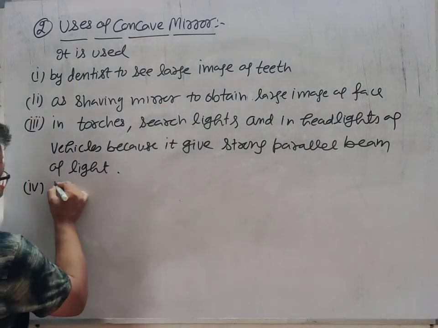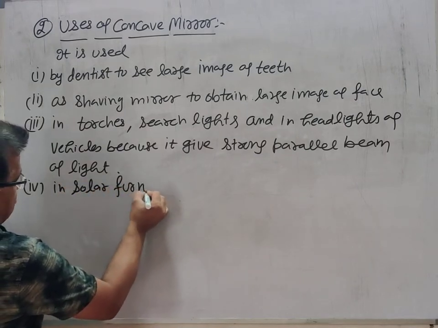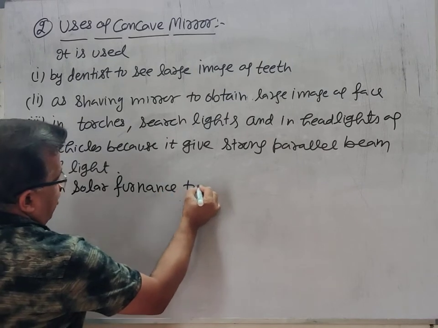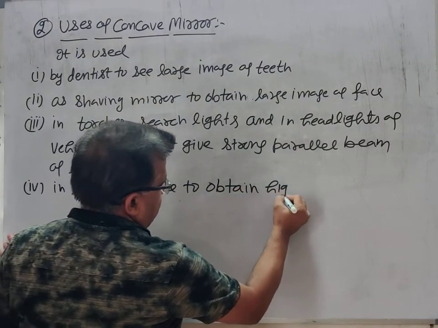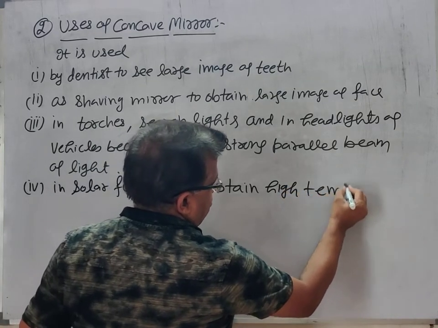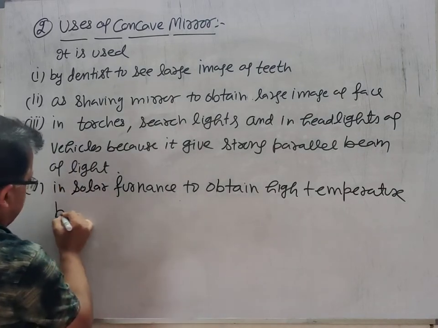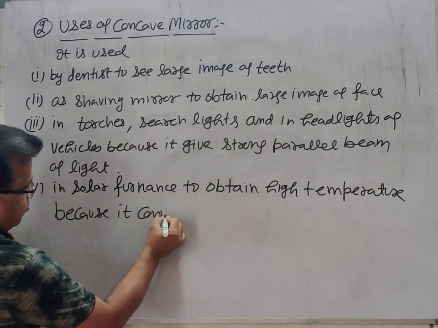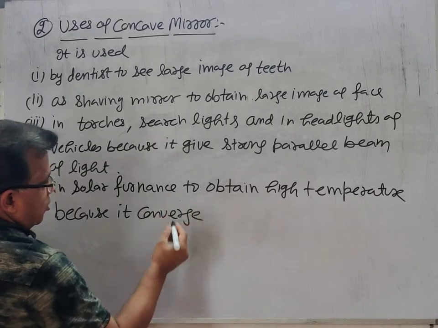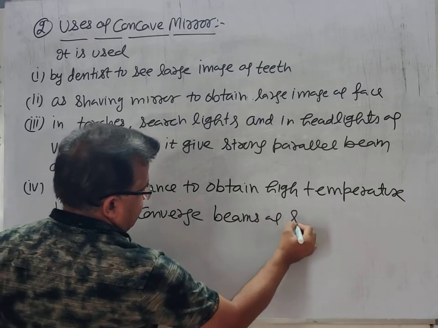So it is used in a solar furnace to obtain high temperature, because it converges beams of sunlight.